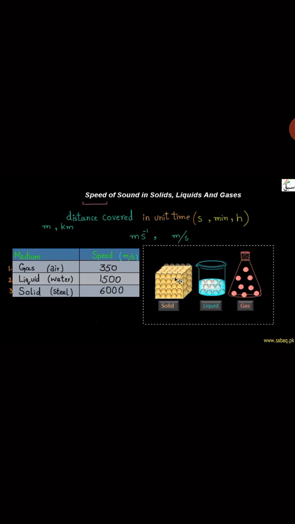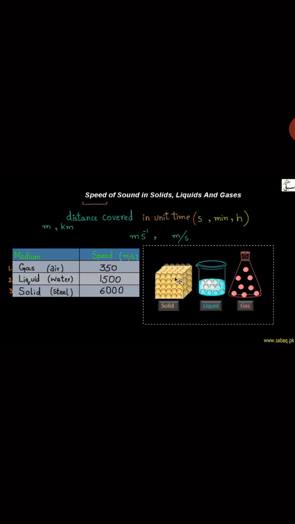In the table, the medium is given and the speed values in meters per second are given. Taking an example of gas, the speed of sound in air is 350 meters per second.